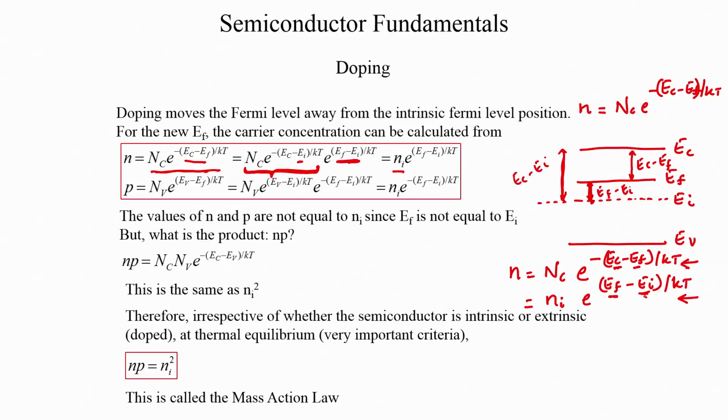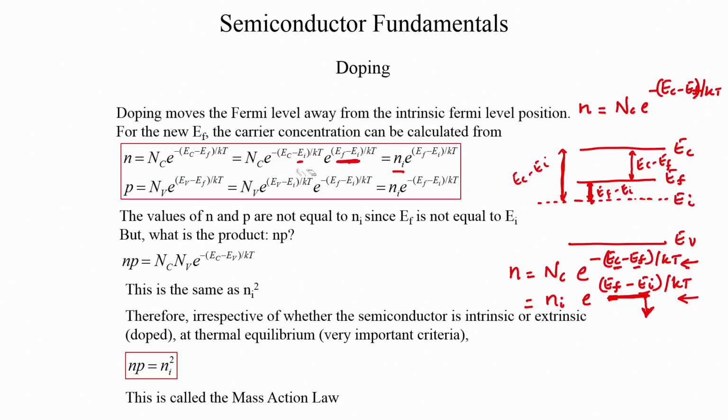So this is the Fermi level position for an intrinsic or pure semiconductor, and after doping it is relocated to Ef, and this expression can tell you how far this new Fermi level moved away from Ei.